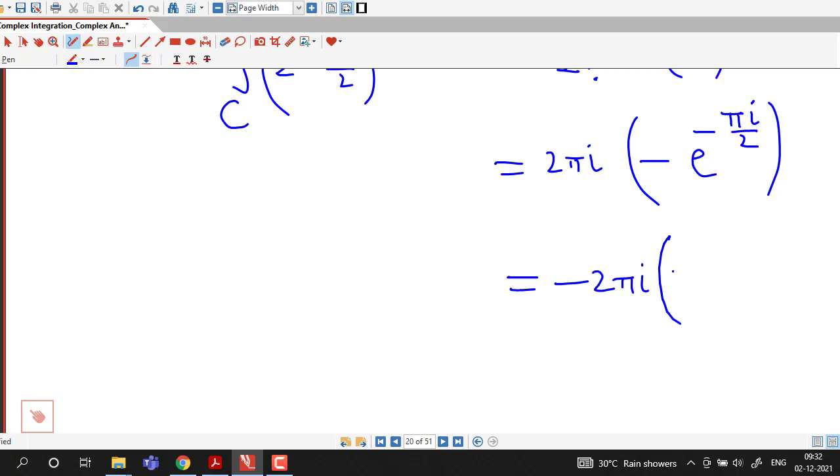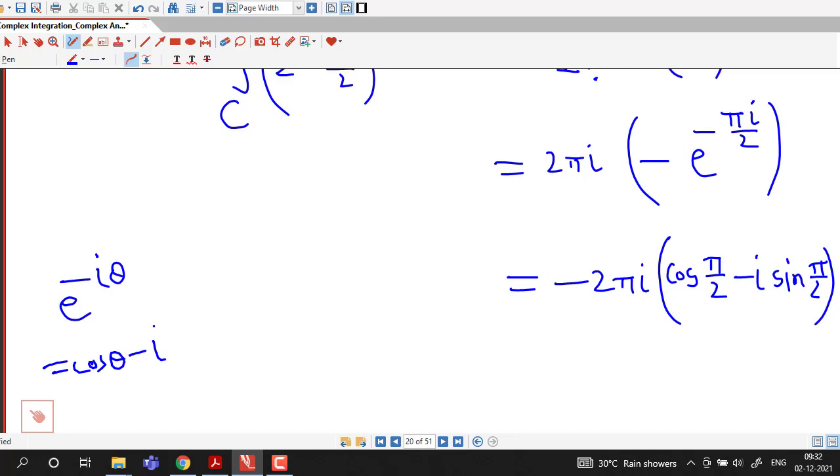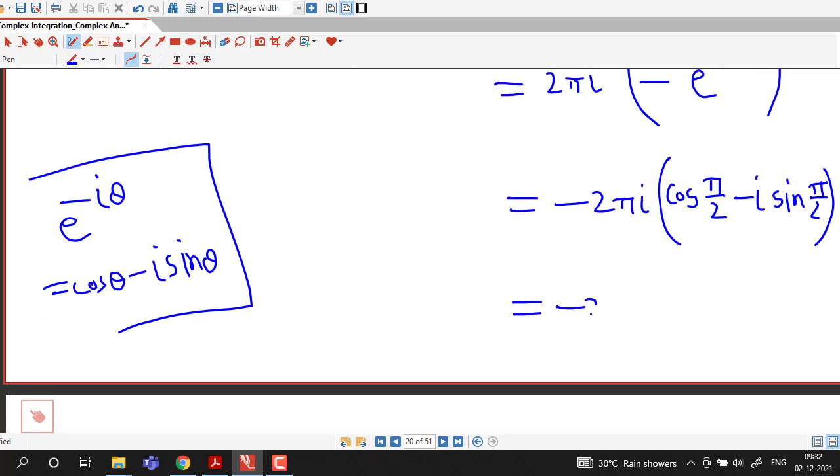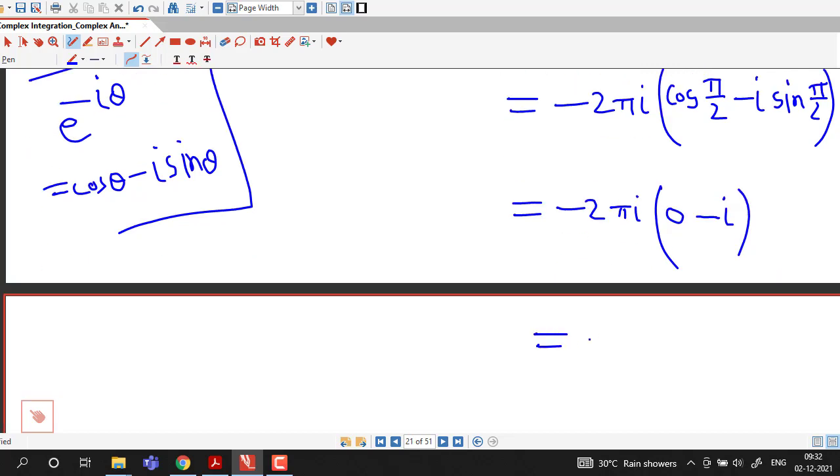e raised to minus pi i by 2 is cos pi by 2 minus i sin pi by 2. We are using this formula, e raised to minus i theta is cos theta minus i sin theta. So here theta is pi by 2. Cos pi by 2 is 0 and sin pi by 2 is 1. So we have 0 minus i, and finally we have minus 2 pi i times minus i.